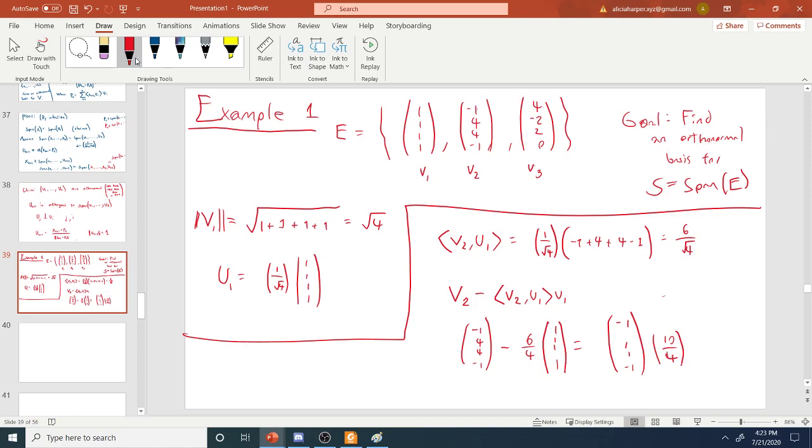And this gives me this vector. So then finally, to get U2, I take V2 minus the inner product of V2 with U1 times U1, divided by its own length.